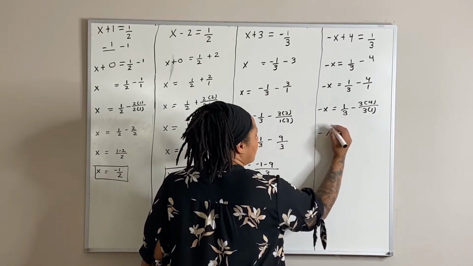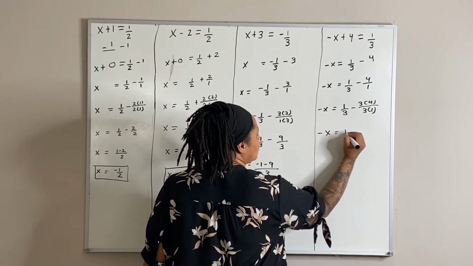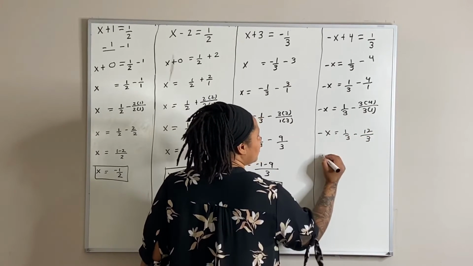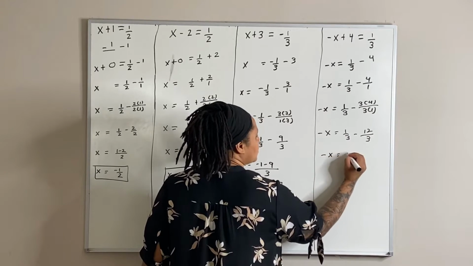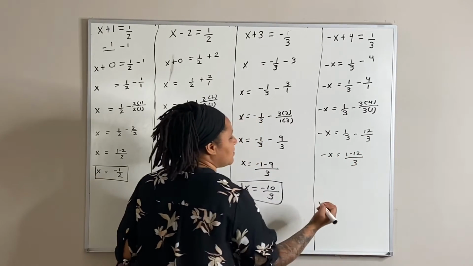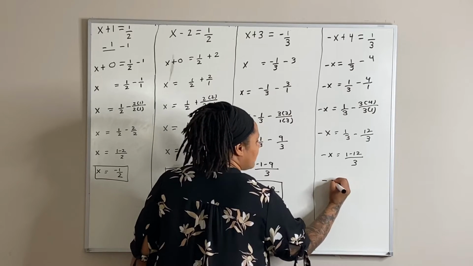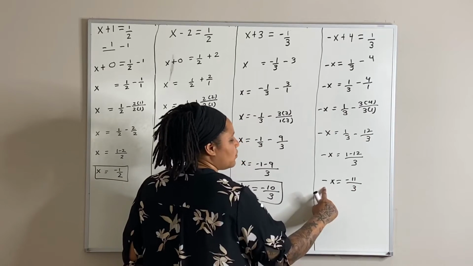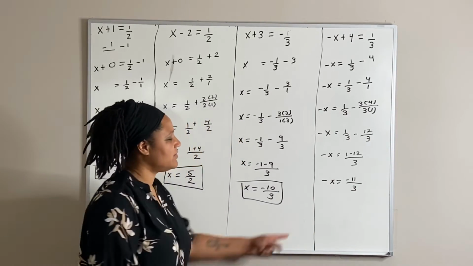Okay, so next we have negative x is equal to 1/3 minus 12 over 3, which means we have negative x is equal to 1 minus 12 all over 3. We can combine our numerators. So we have negative x is equal to negative 11 over 3. And we want to get rid of this negative sign.